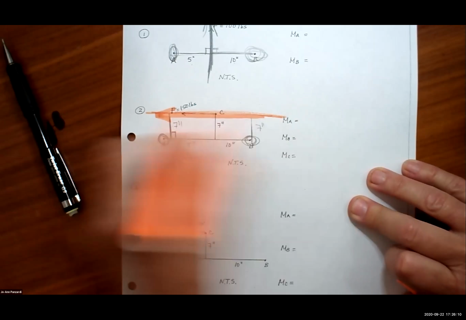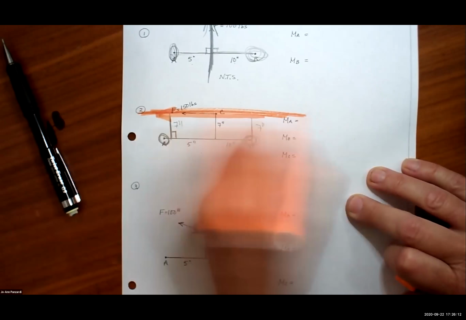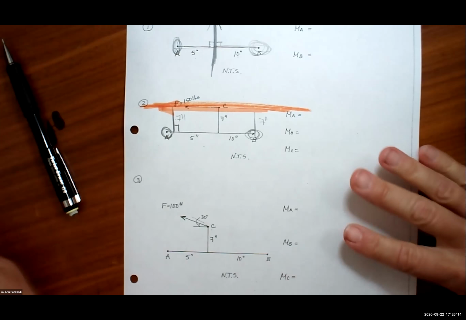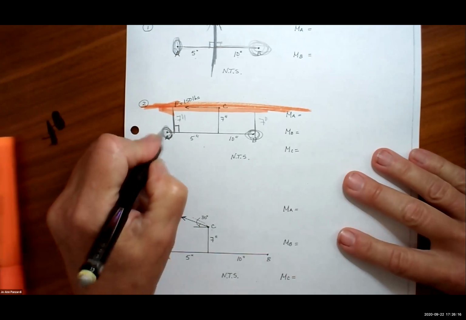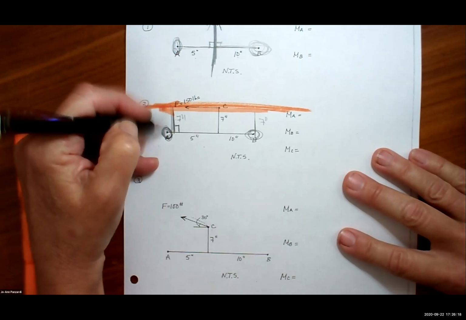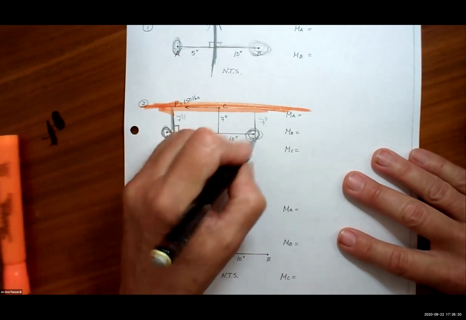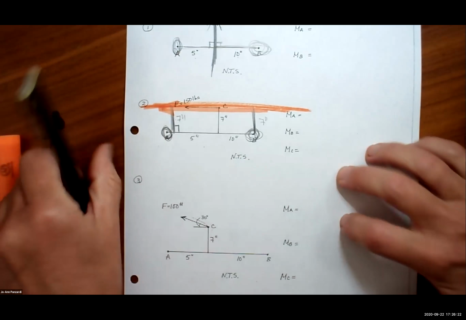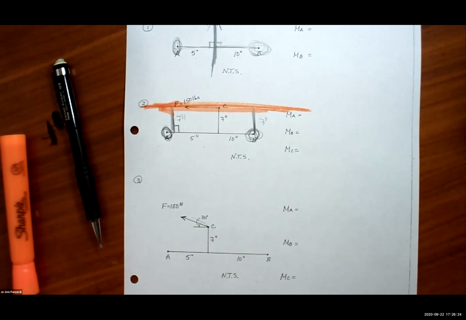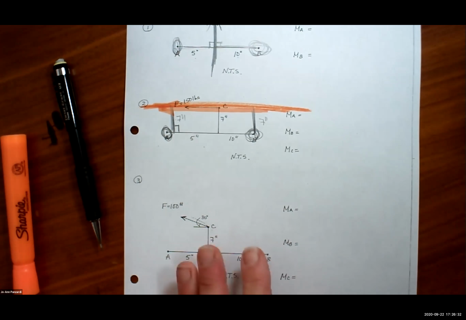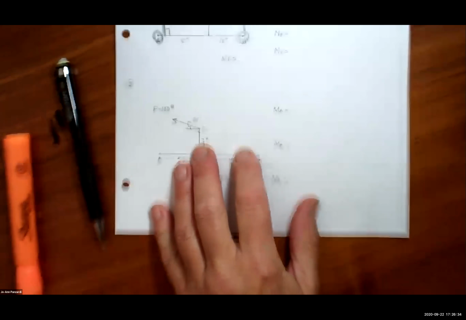Here's the force, and if you want, draw a big old long line. Then when you're trying to find a moment about A, here's the perpendicular distance. Here's B, here's the perpendicular distance. Are you somewhat comfortable with finding the perpendicular distance now? Yeah? Okay, so now let's look at this problem.